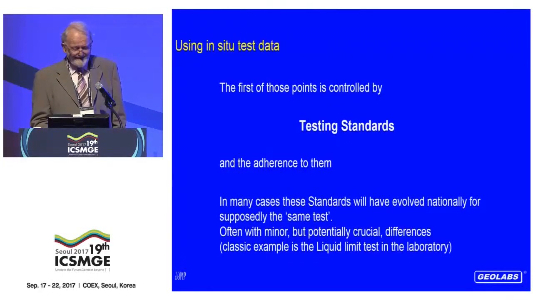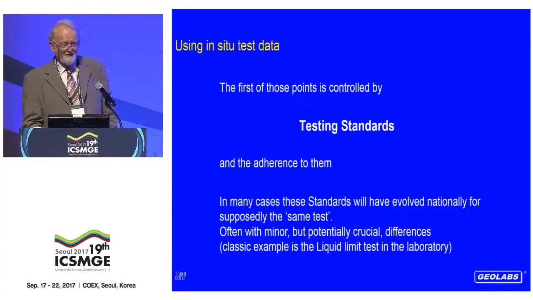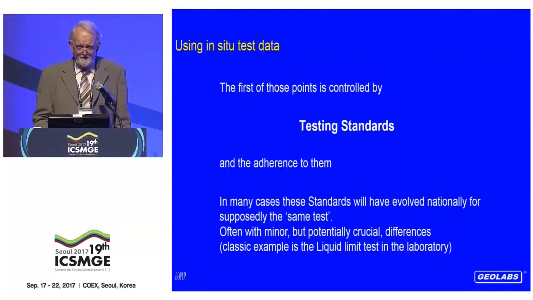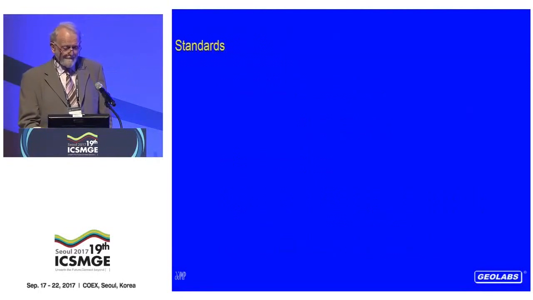To use a classic example for simplicity, taking a laboratory test, the Casagrande test for liquid limit. We all were using the Casagrande cup, but the Americans were using the American base, the British were using the British base, the French, the Germans, etc., and all getting different results. So it's not surprising that we then have problems when we try and use correlations from one country to another, because we're not actually correlating together the same information.